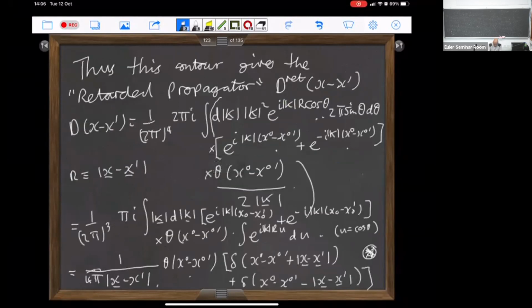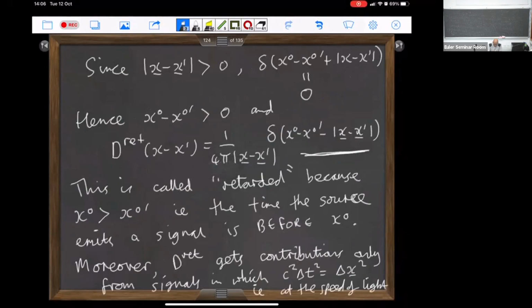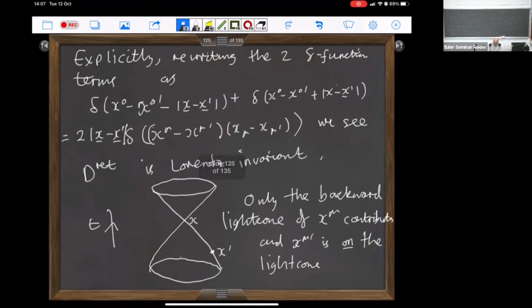which in the end we can write as essentially the Coulomb potential times a delta function. And this one's called the retarded one because the signal originates in the past, meaning on the backwards light cone of the point at which the signal is received.